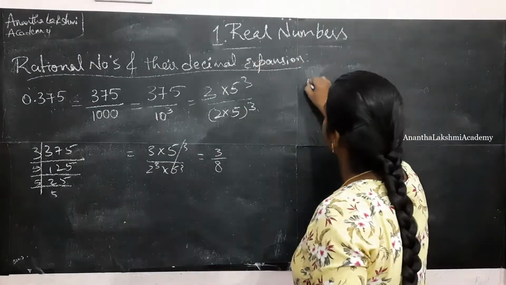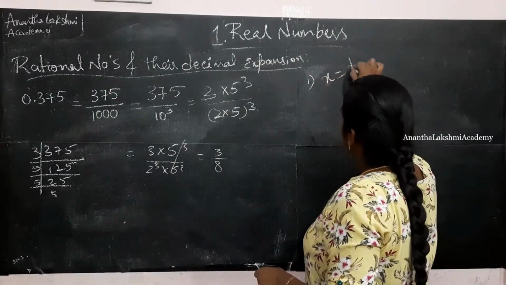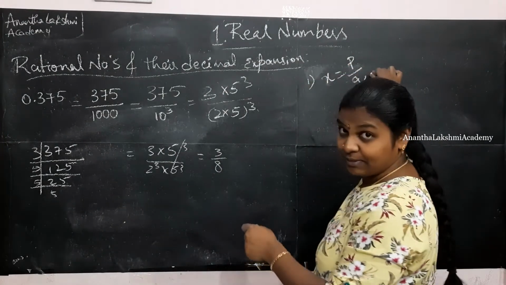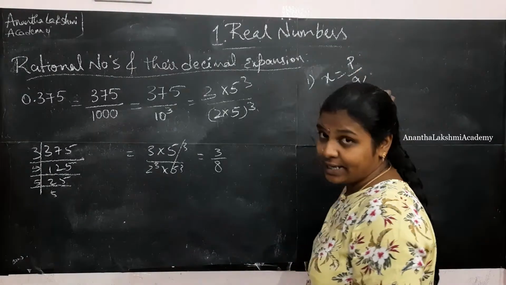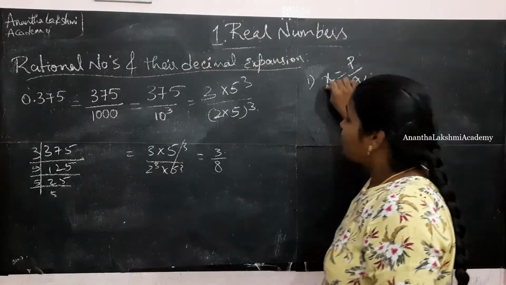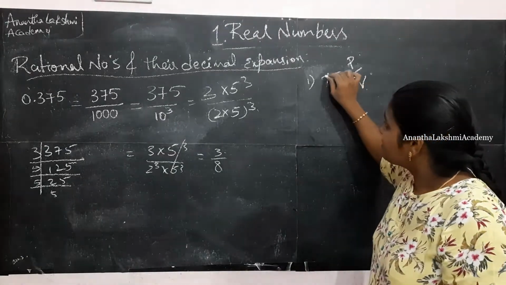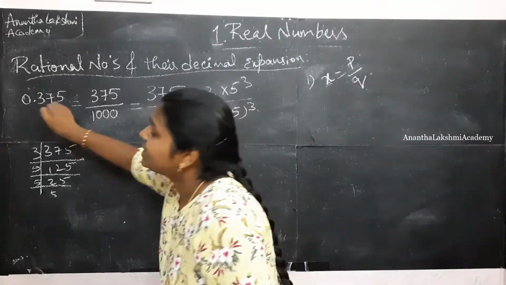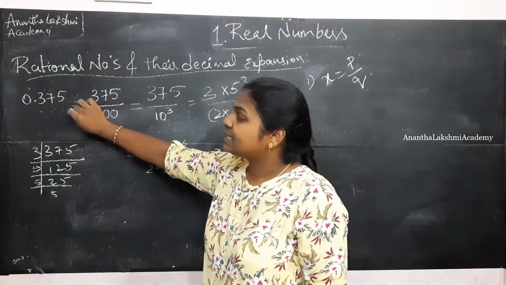The first theorem states that let x be a rational number of the form p by q which terminates after a decimal expansion.